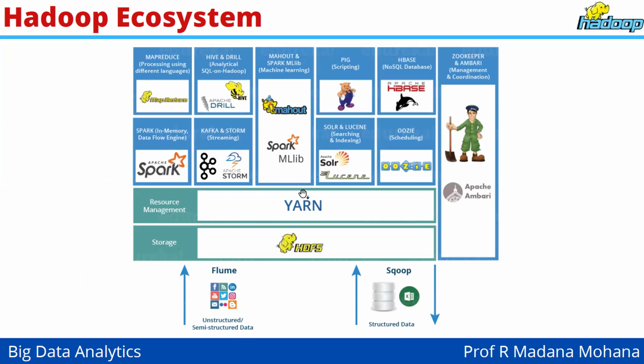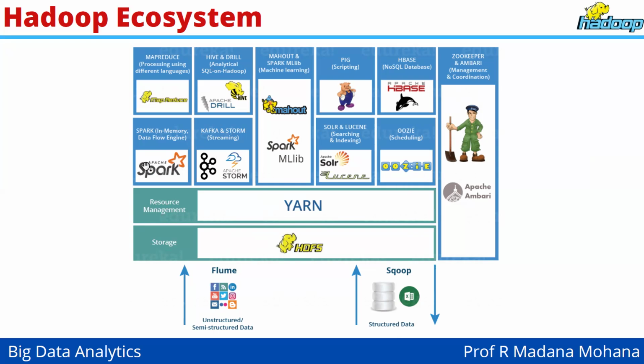Let us see the following diagram which shows various components of Hadoop, which form Hadoop ecosystem. As we already know, the major components are HDFS, then MapReduce, then YARN, and later we have seen Common. So here we have the storage manager and resource manager.